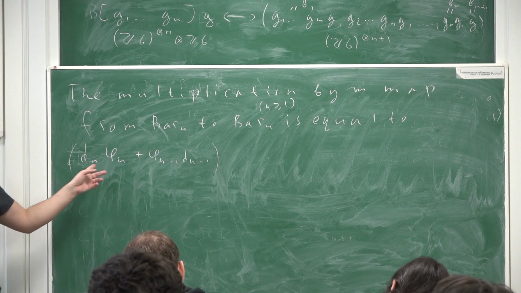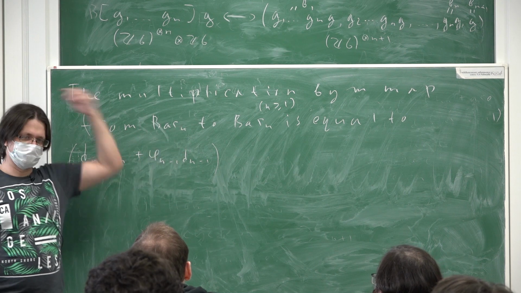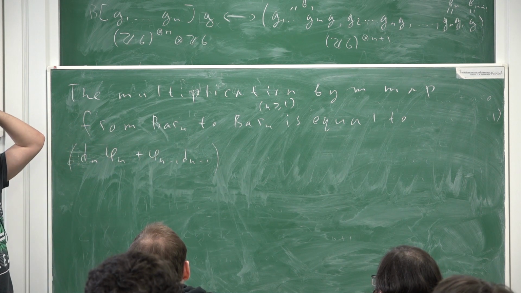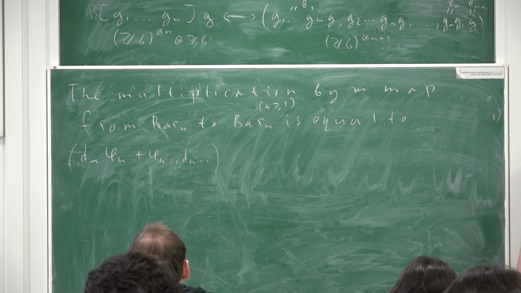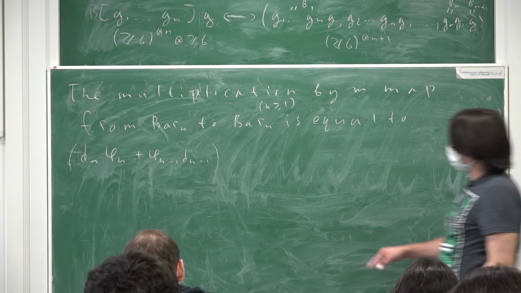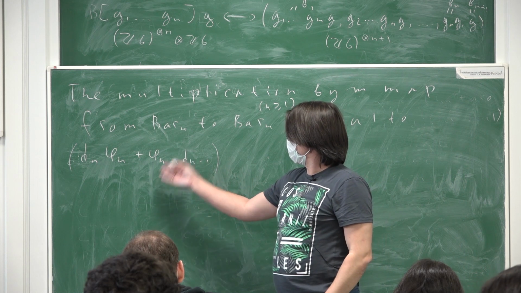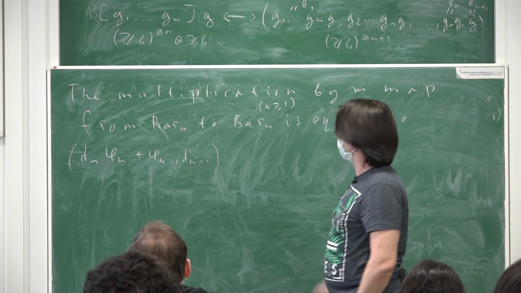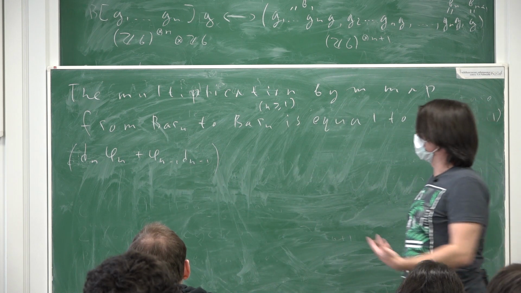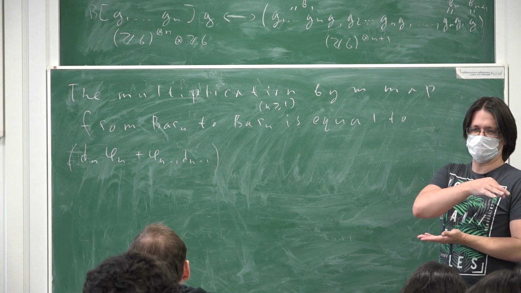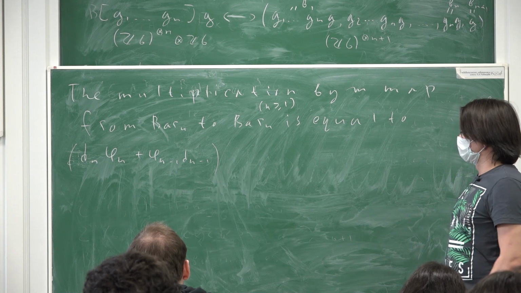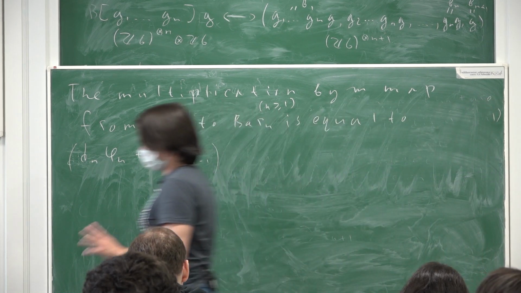In fact, no, because for n equals 0 it's not true. So it's almost the multiplication by m map. You can apply this phi n and see what happens in 0 degree, and you will see that it is like the multiplication by m map in all degrees except 0. In 0 it is multiplication by m plus something else.